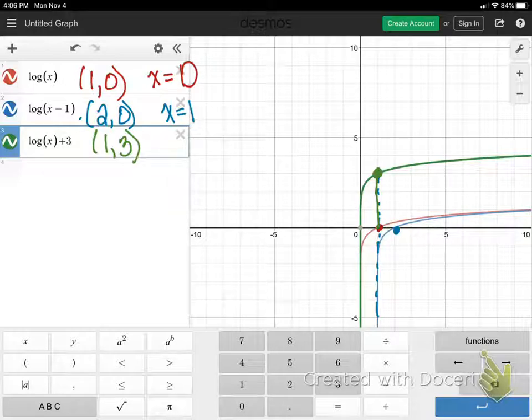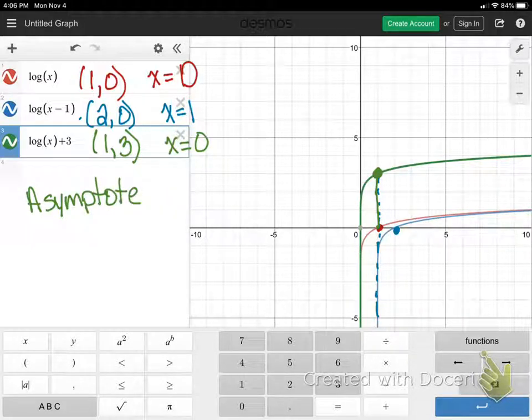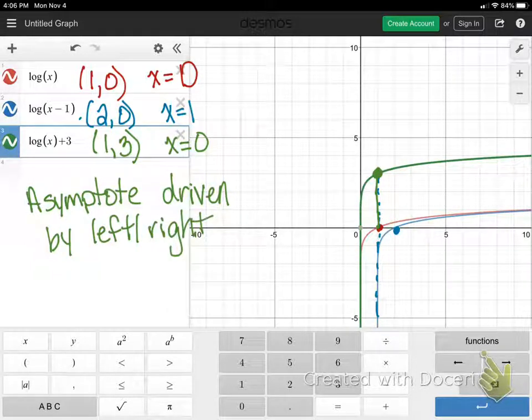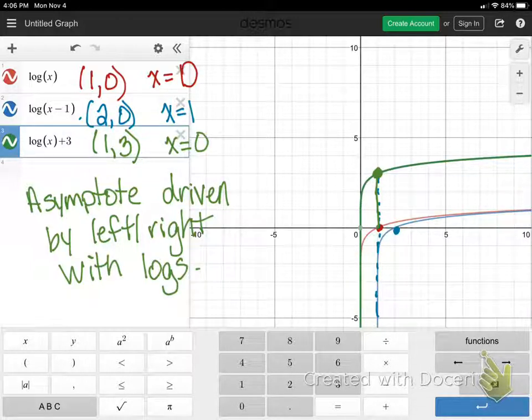It stays at 0 because I'm just moving up and down. So my asymptote is driven by my right to left movement. I'm going to say that again. Asymptote driven by left to right movement with logs.